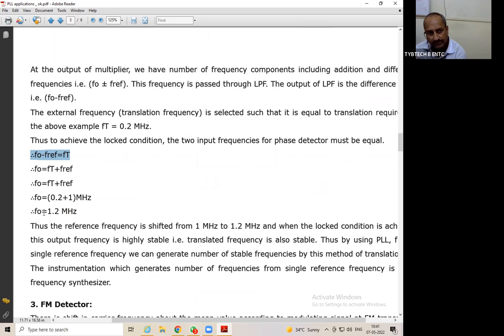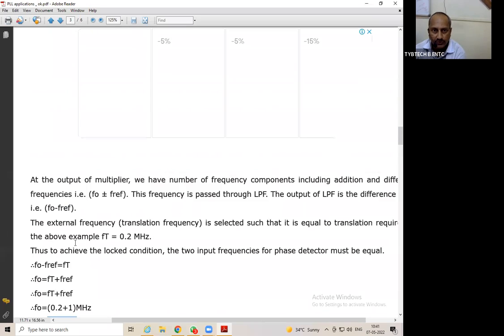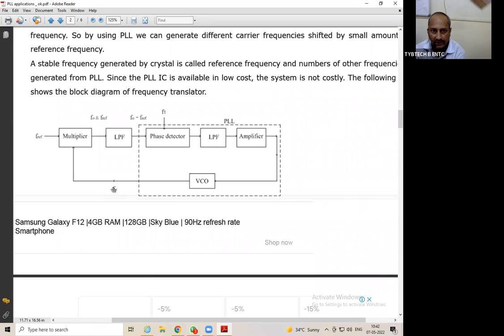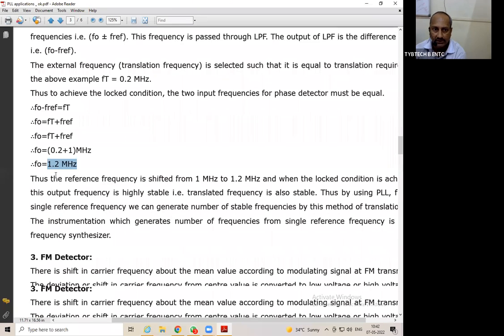After working this out, you get this equation. In that, the variation we require is 0.2, and the input frequency is 1. So F0 should be the addition of these two, that is 1 and 0.2 megahertz, that is 1.2 megahertz.